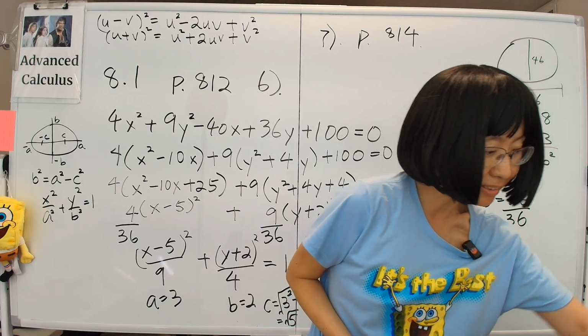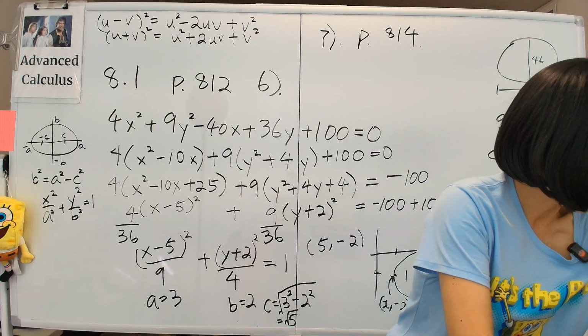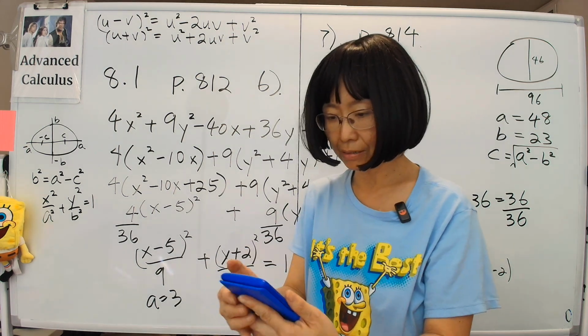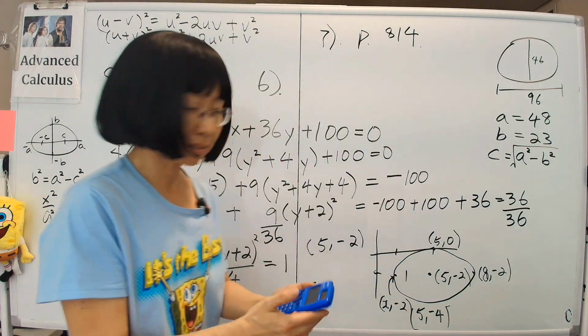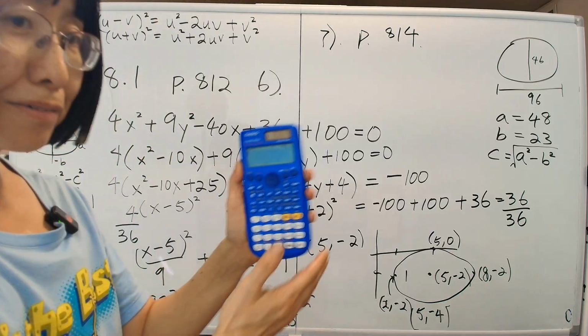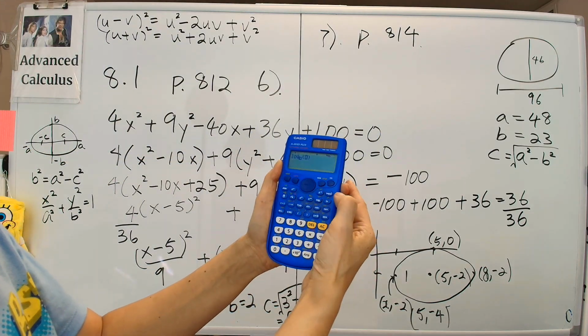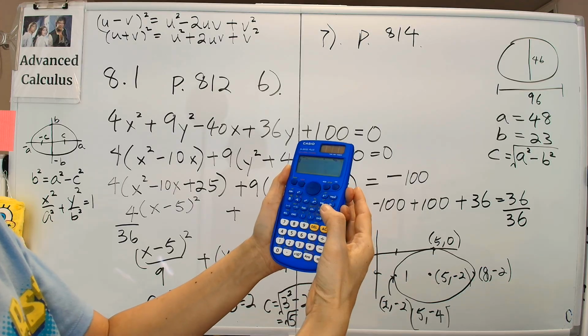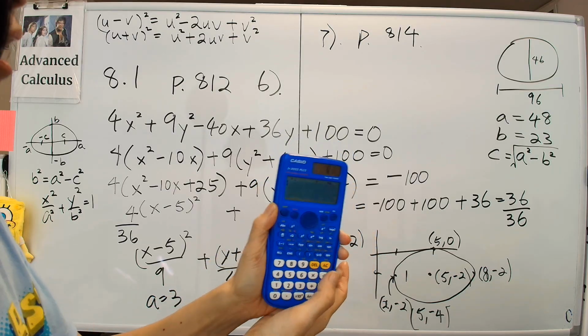My calculator is stuck down here. Okay, I got it. Let's calculate what C is. Get rid of that. All right, that's good.